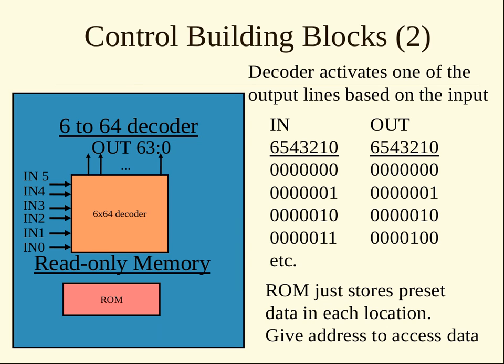So 6 input bits activating one of 64 outputs. If it's 0, you don't activate anything. If it's 1, you activate line 1. 2 activates the second. 1, 1, aka 3, activates line 3, etc.